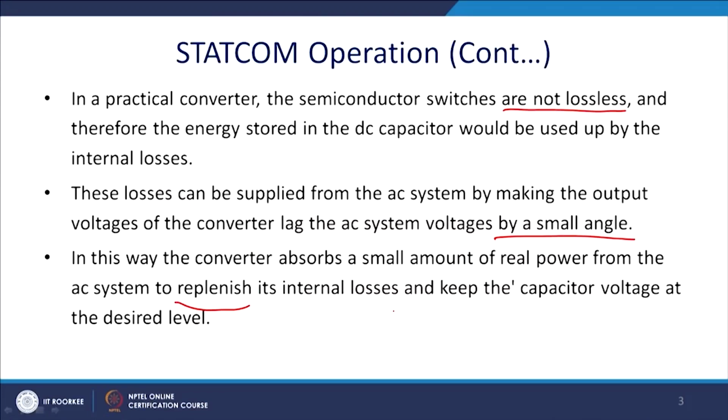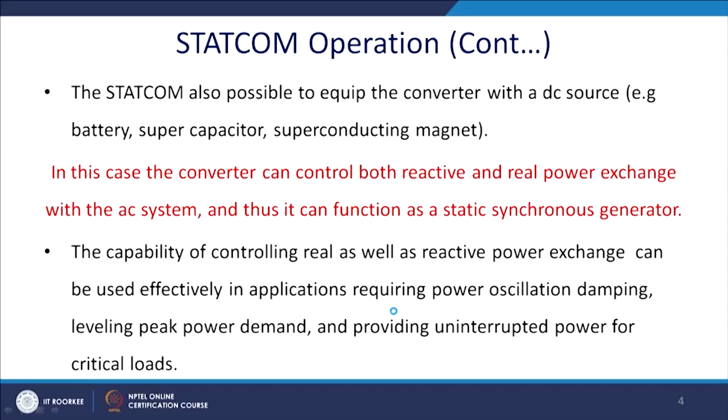So, this is a way of feeding the losses, and it is also possible to keep the converter with a DC source. Nowadays, it is possible with a battery, super capacitor, superconducting magnet and all those things, so that can feed these losses.